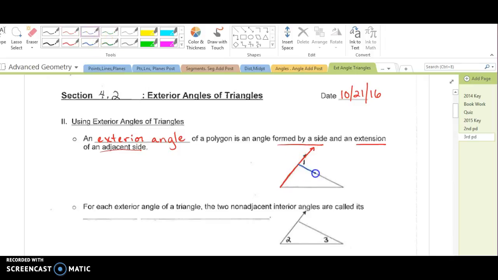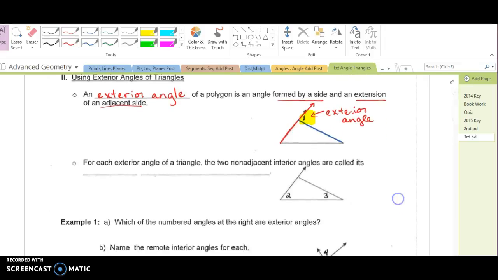And then here is an actual side of the triangle, and the angle formed in between them, that is my exterior angle. So it doesn't necessarily just mean an angle outside the triangle. It has to be specifically formed by a side and an extension of a side.